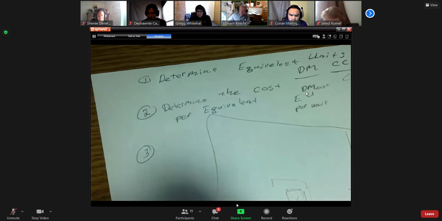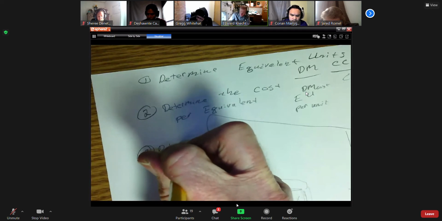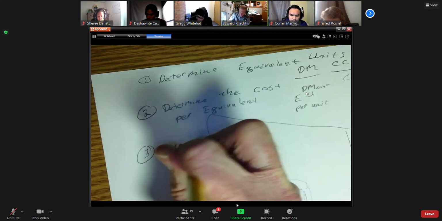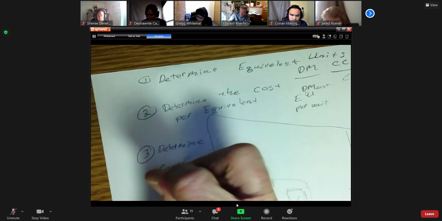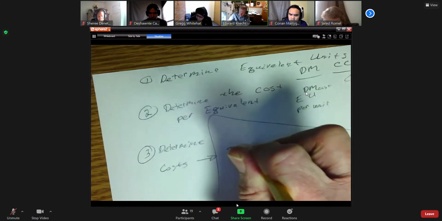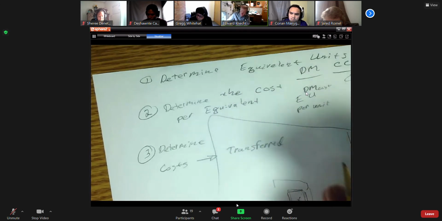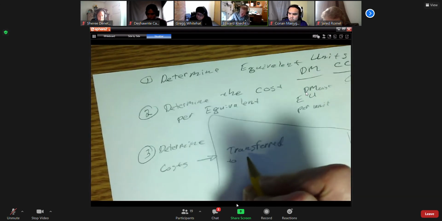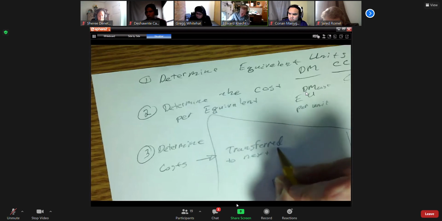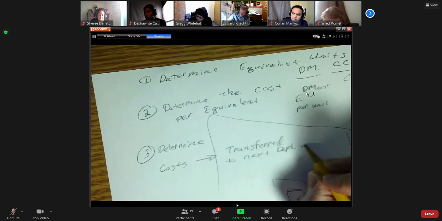Number 3, you have to determine the costs that were transferred to the next department or to finished goods. That would be important. If it's completed, it would be transferred to finished goods inventory.